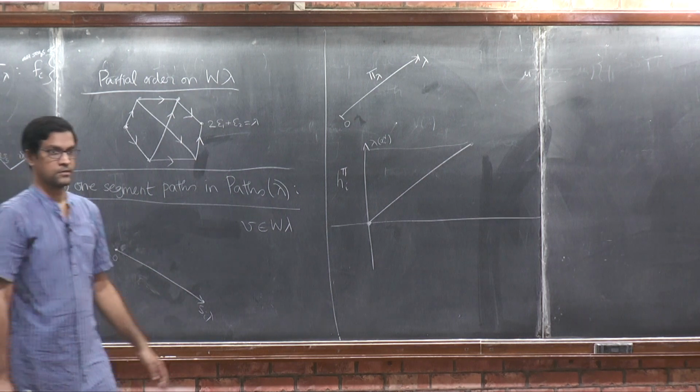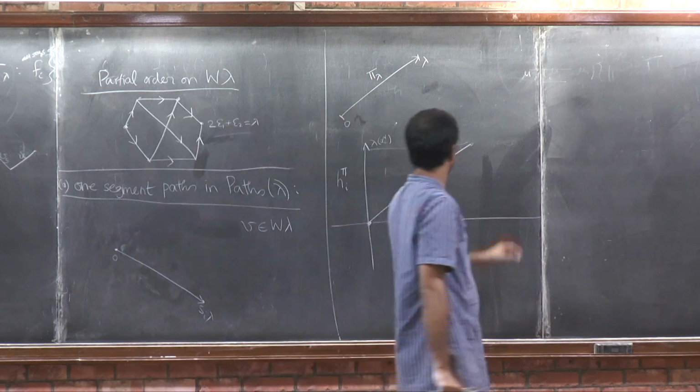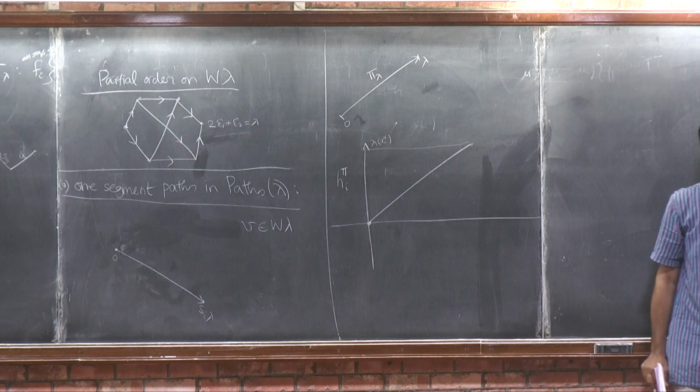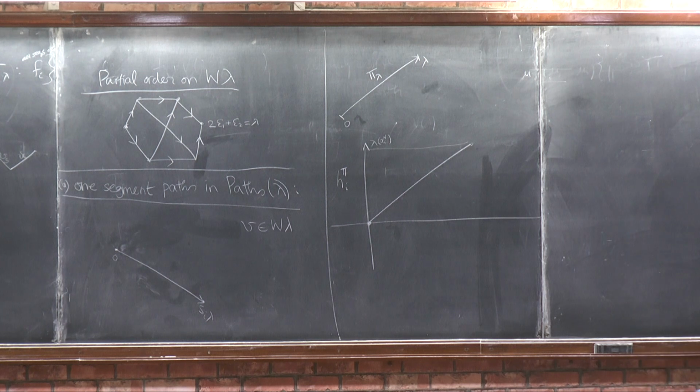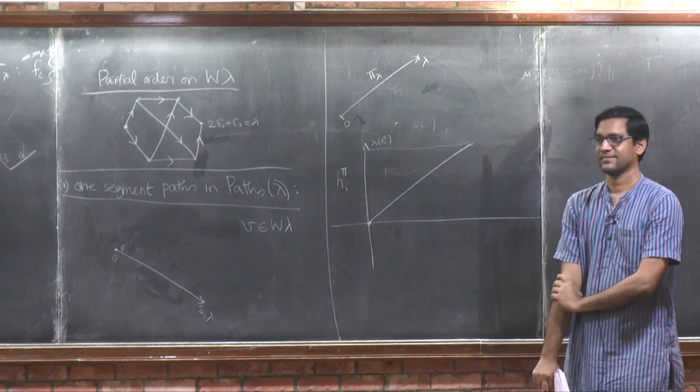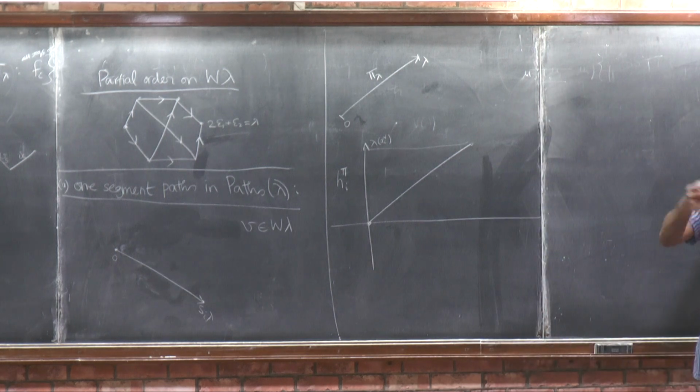If lambda alpha I check is 10, what happens if I act a single Fi on that path? Right, okay. So we have seen this, right?